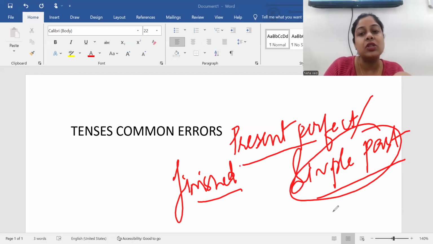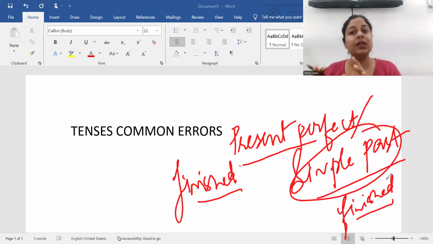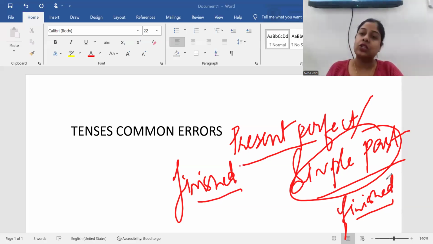Simple past means action which is finished, but a precise time period is given in the past. So present perfect means action finished with a link with the present, and your simple past means action which was finished earlier and the time duration is mentioned, that is, when did the action finish. So that will be clearly mentioned.